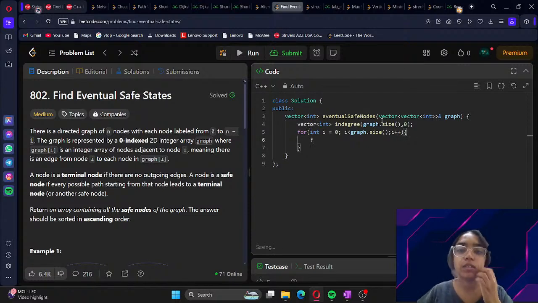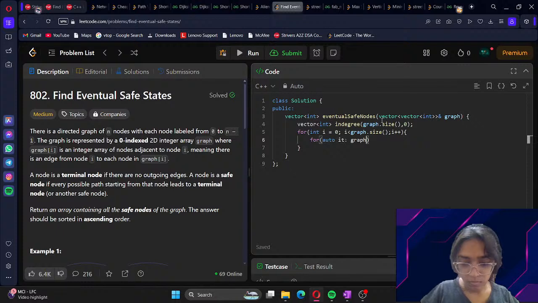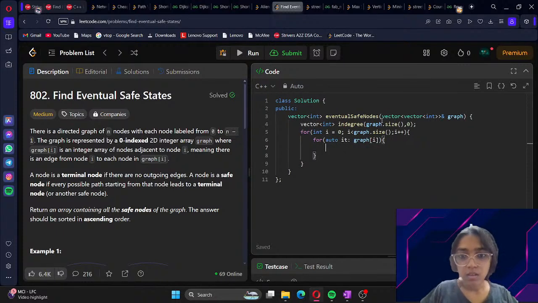What we're gonna do is for auto it, I'm gonna increase in degree of the vertices.